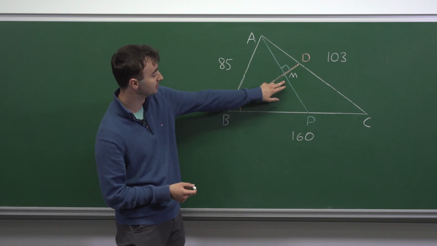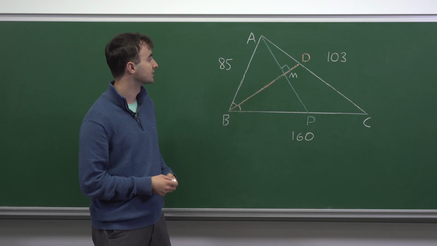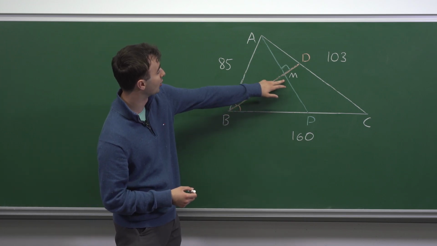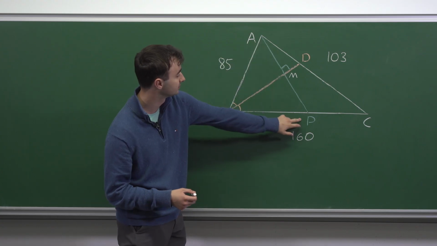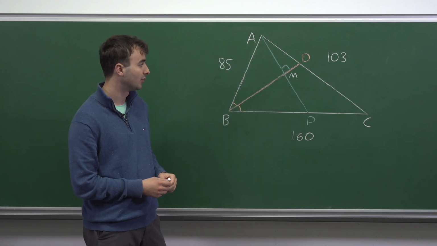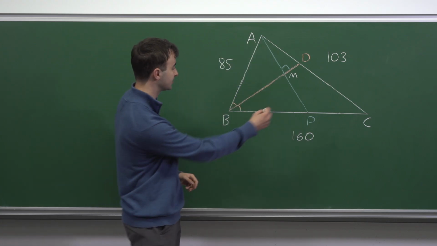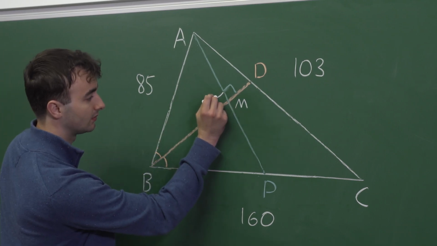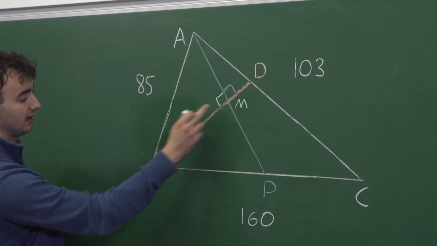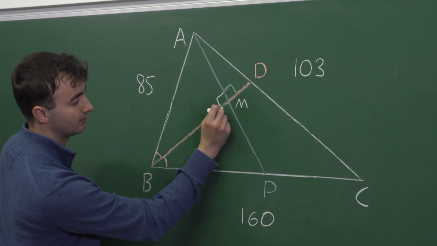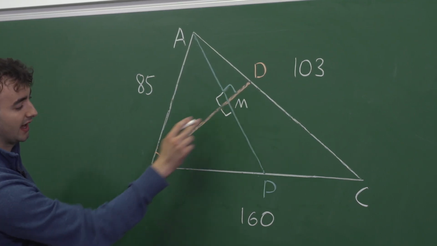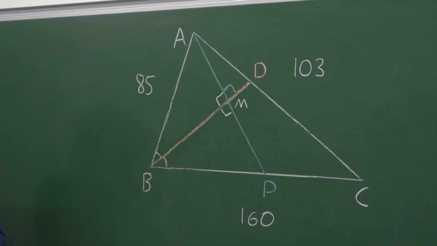at this point M. So one of the things we're asked is whether M is the midpoint of AP. Now, around M, we can see that there's lots of right angles. In particular, angle AMB is a right angle, and PMB is also a right angle.